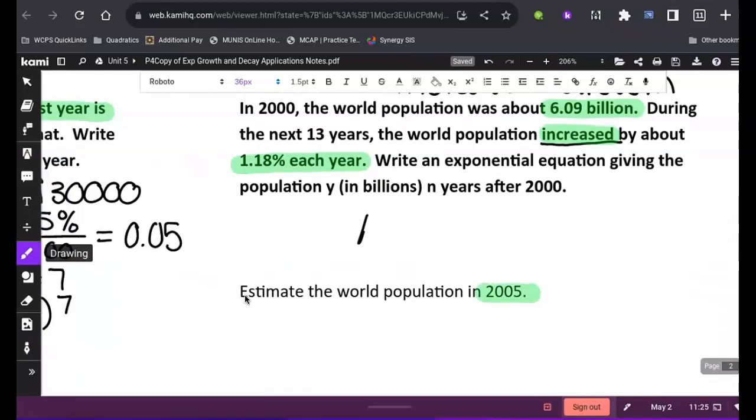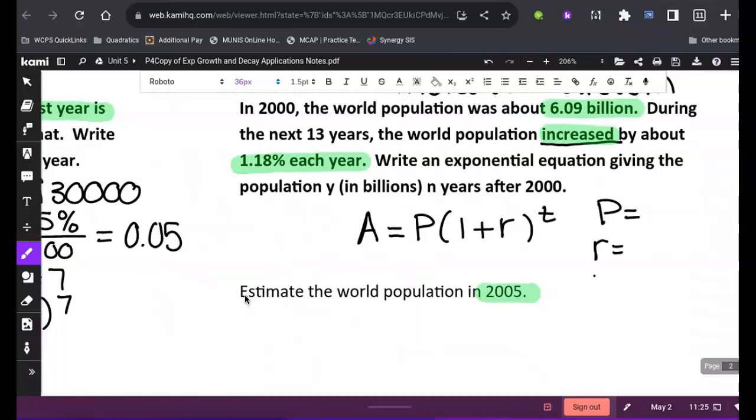So since we know that it's increasing, we're going to use this growth formula. We're going to figure out what P is equal to, what R is equal to, and what T is equal to. And then we'll make our formula down here, and we'll plug that into Desmos and find our population.